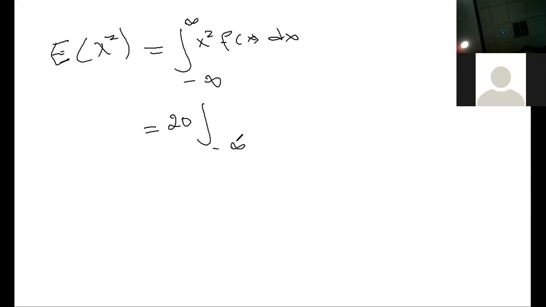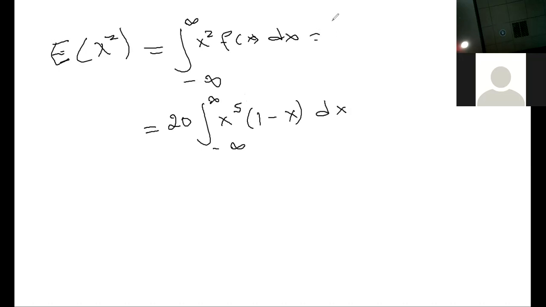We will have that E of x squared is integral from negative infinity to infinity of x squared f of x dx, which is 20, integral from negative infinity to infinity, x squared, remember that function, this is x cubed times 1 minus x dx.